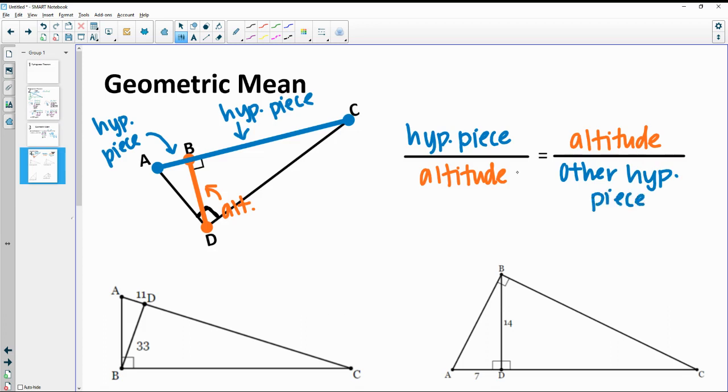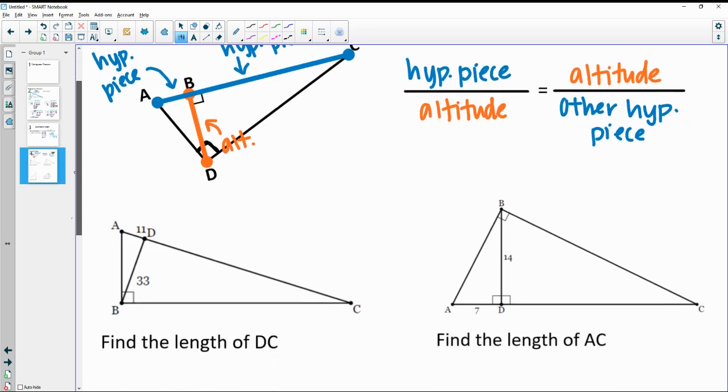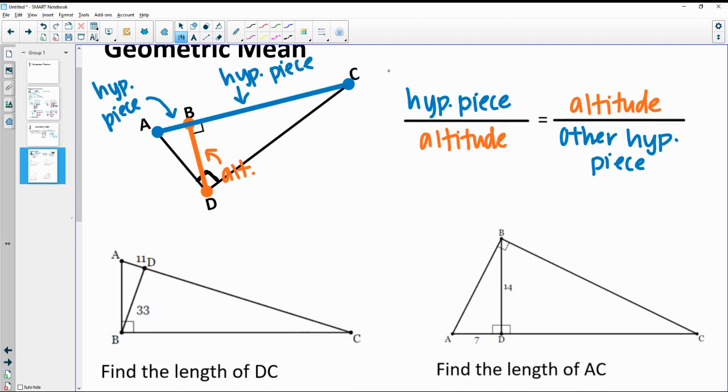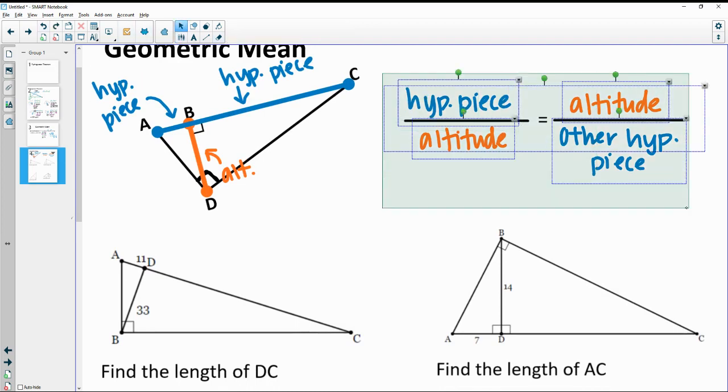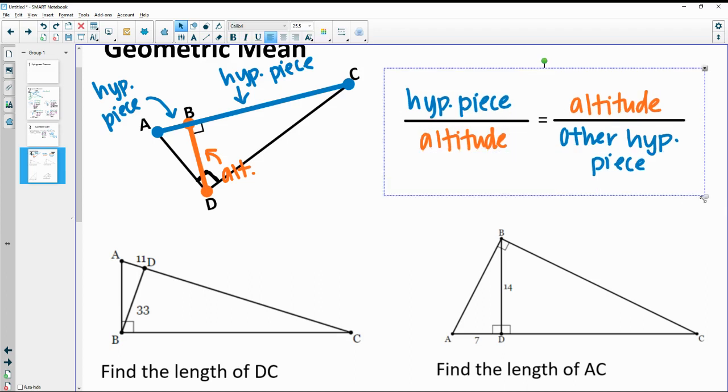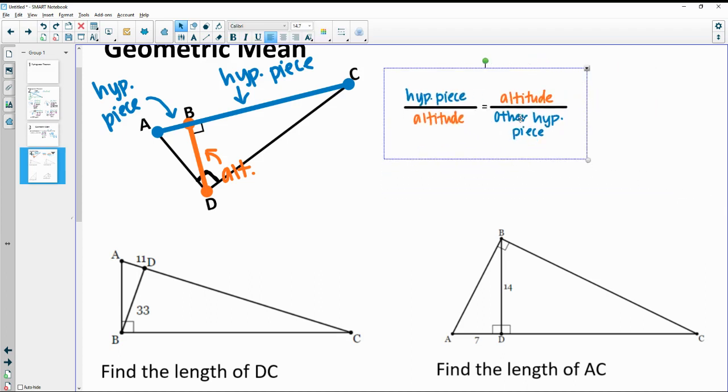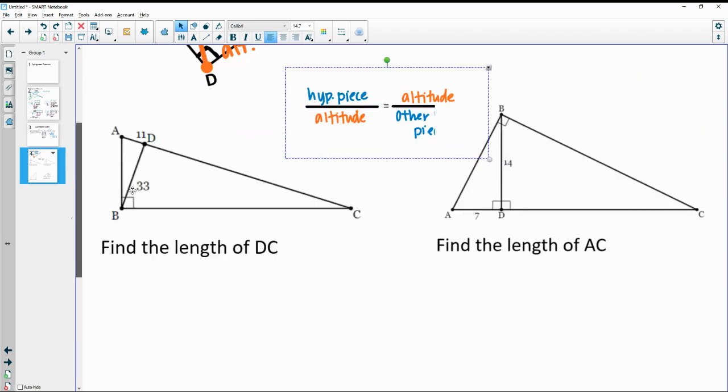So the altitude is the geometric mean; this is going to be both the same number. That's the altitude is the geometric mean of these two pieces that the hypotenuse has been split into. So one goes on top, one goes on bottom. Let's take a look at a couple examples of that. I'm going to take this part with us for the rest of the screens, so let's just move it down here.